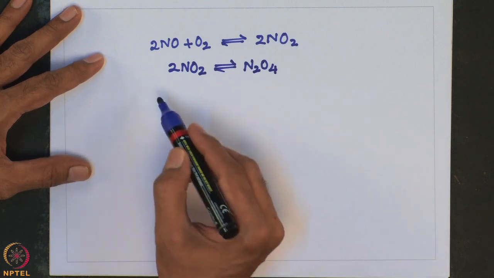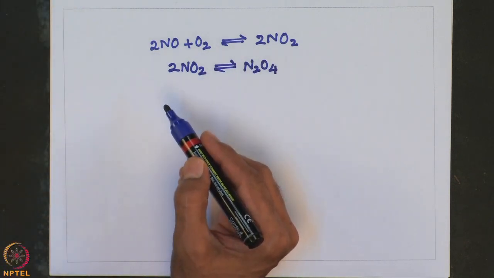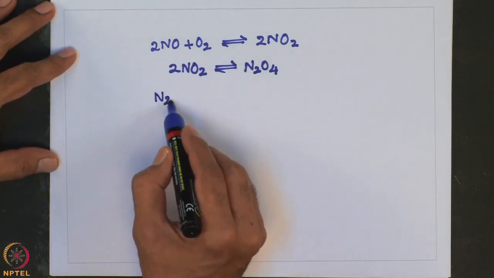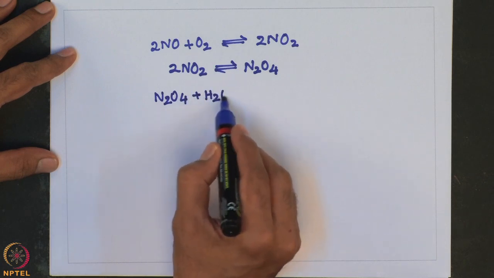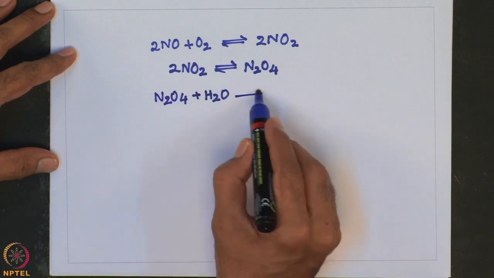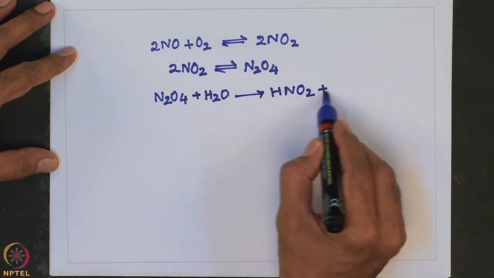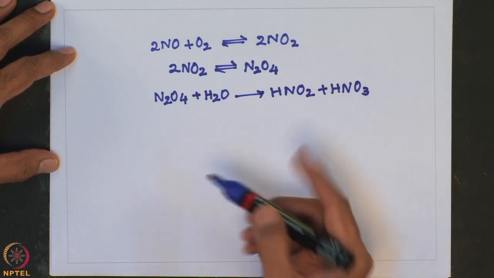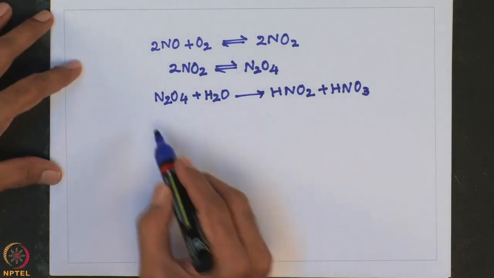So, N2O4 on treatment with water gives HNO3 and HNO2. Okay. So, this HNO2 is used in the preparation of NO2.